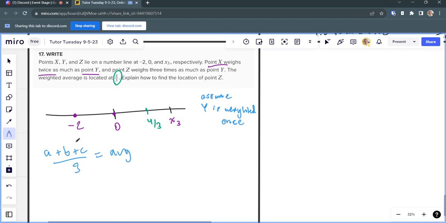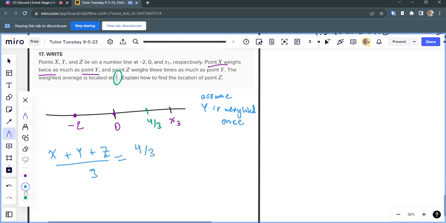But if a and c are weighted twice as much or 3 times as much as y, I'm going to assign multipliers to those. So let me start by writing the average equation. Point x plus y plus z over 3 is equal to 4/3.